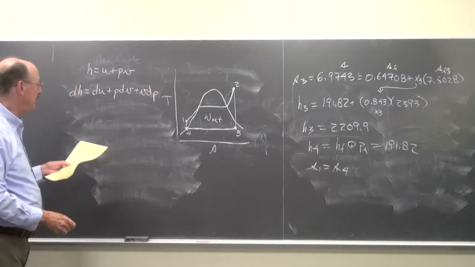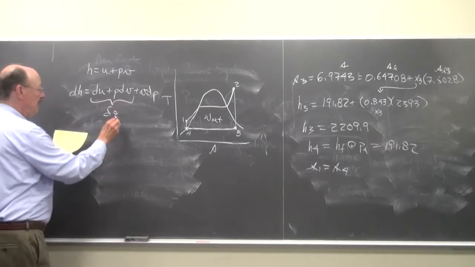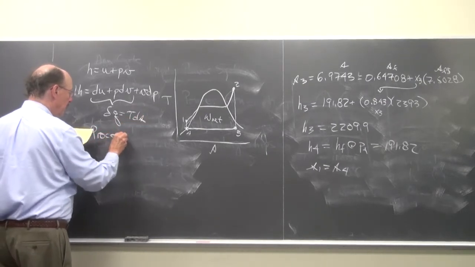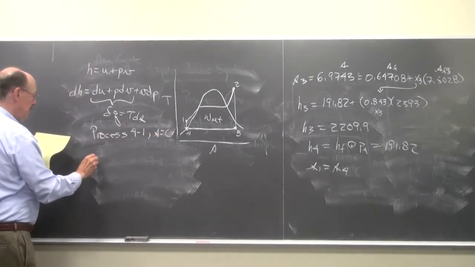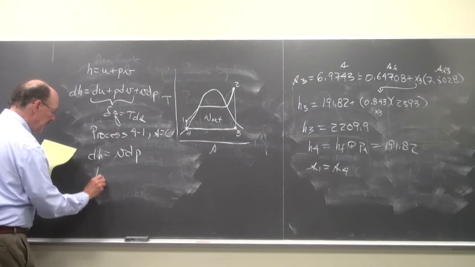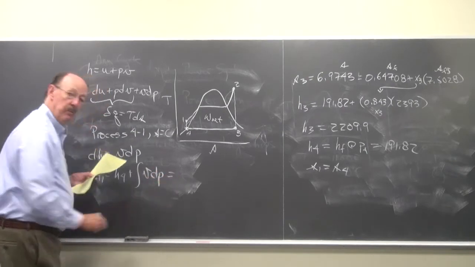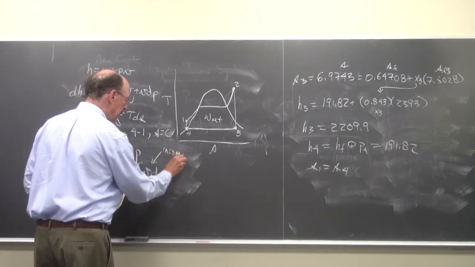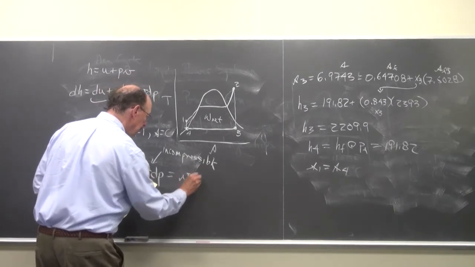Notice that this is del Q, and del Q is equal to TdS, and the process 4 to 1 is S equals C. So this is 0, so dH is equal to VdP. So H1 is equal to H4 plus the integral of VdP. And we're assuming that this is incompressible, so this is equal to V4 times delta P.